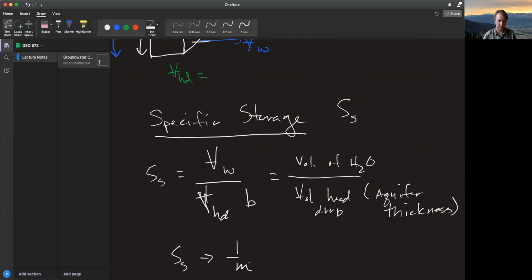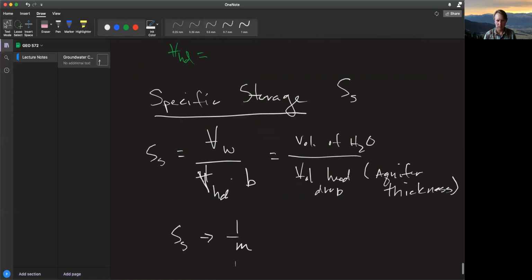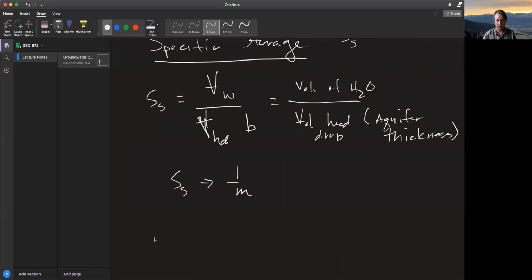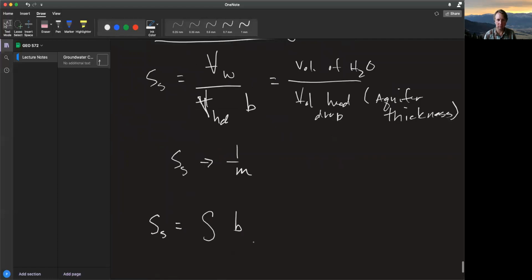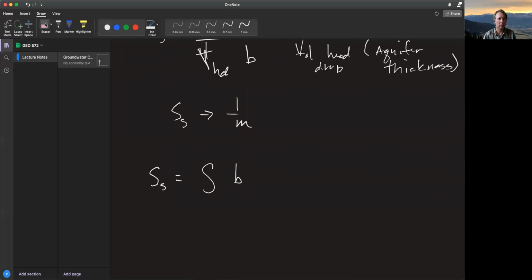All right, and we can do some rearranging here. For the specific storage, I can insert my definition for storativity here, S divided by B. It's a mistake, I'm sorry. All right, and this gives us S is equal to SS times B.